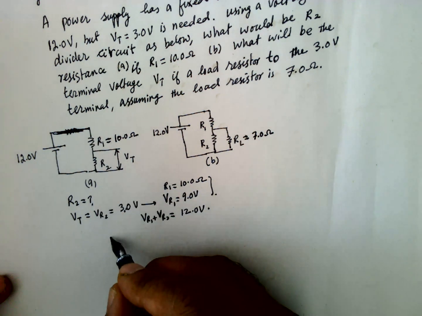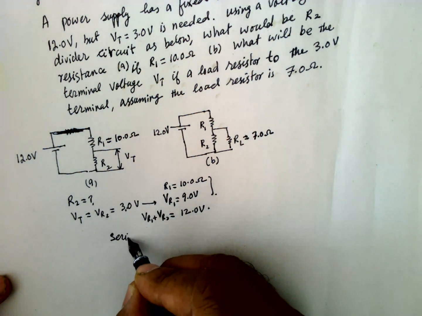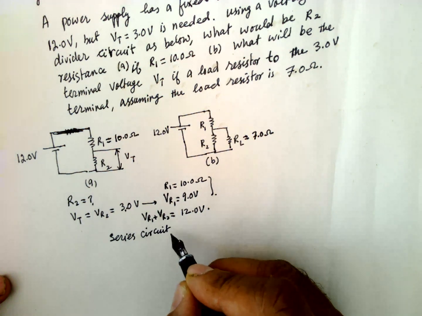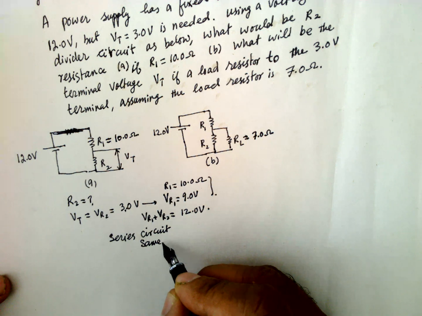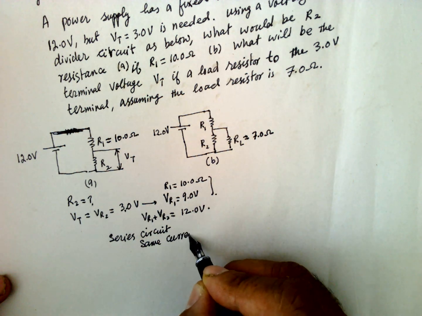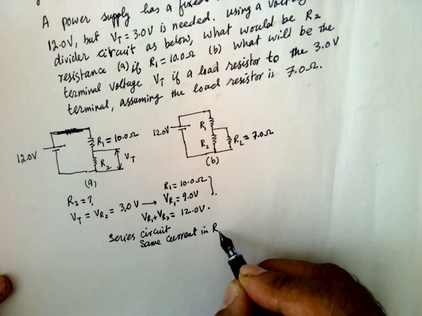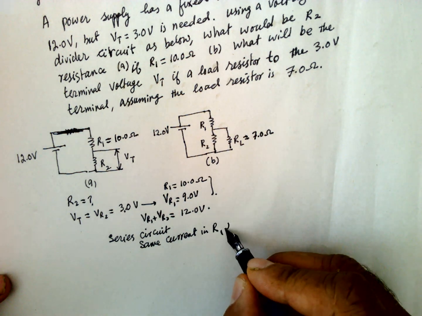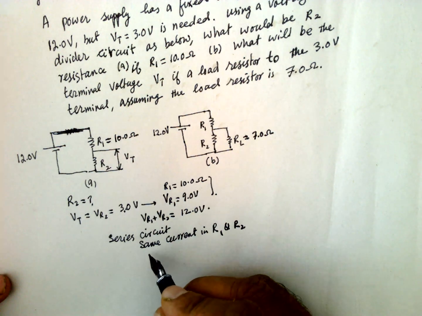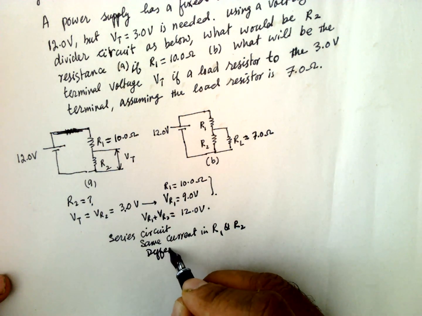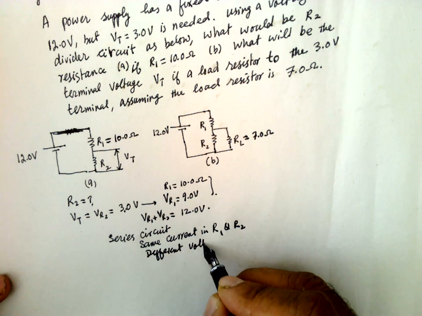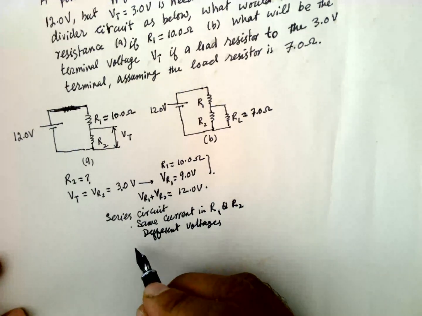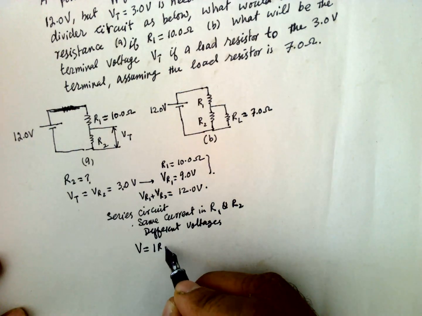The same current is flowing, so series circuit, in R1 and R2, but different voltages. So same current. So V is equal to IR.